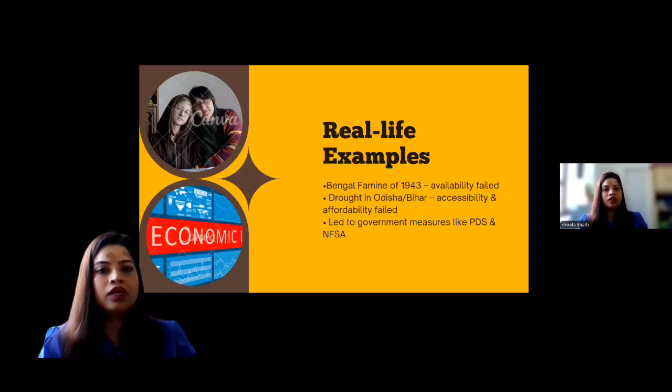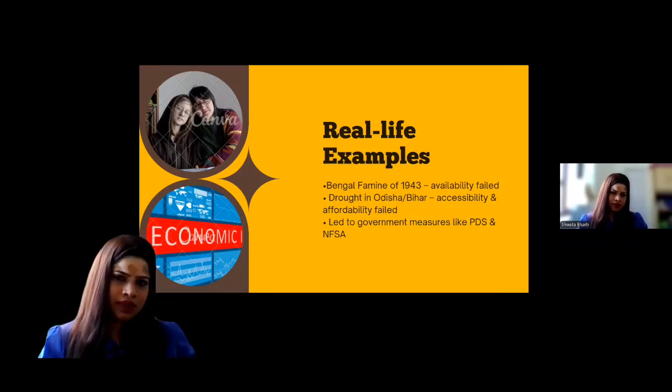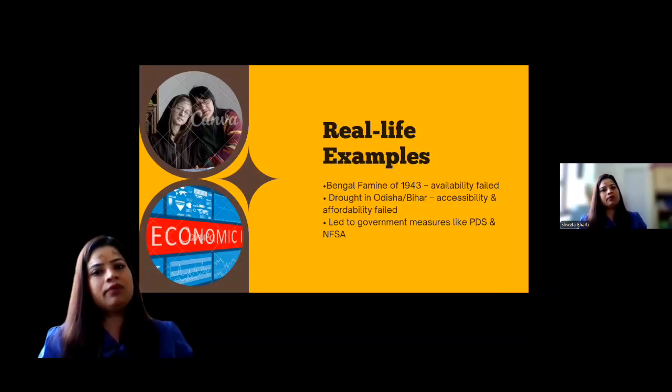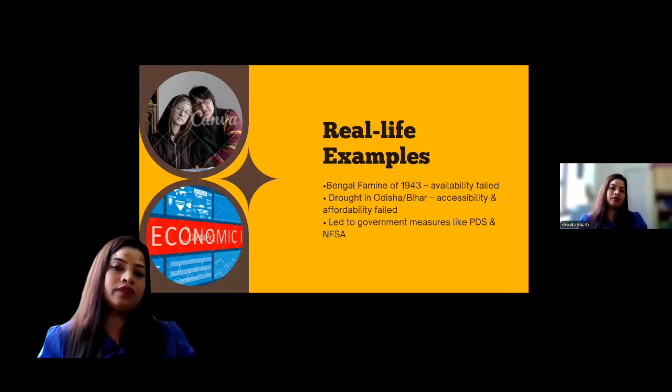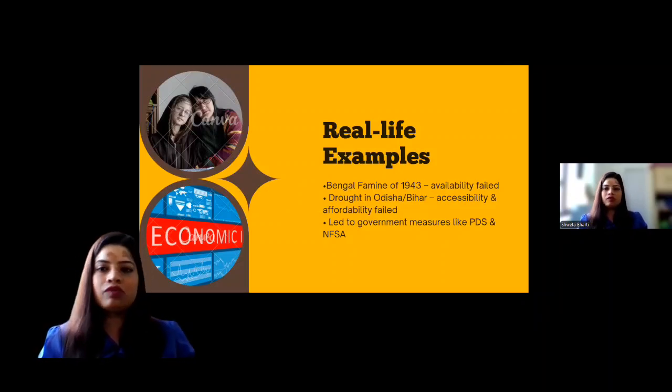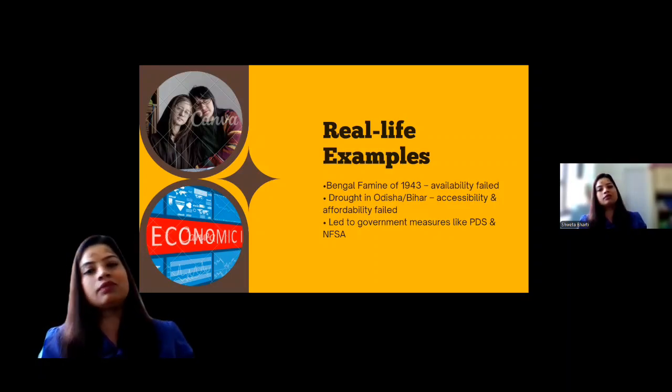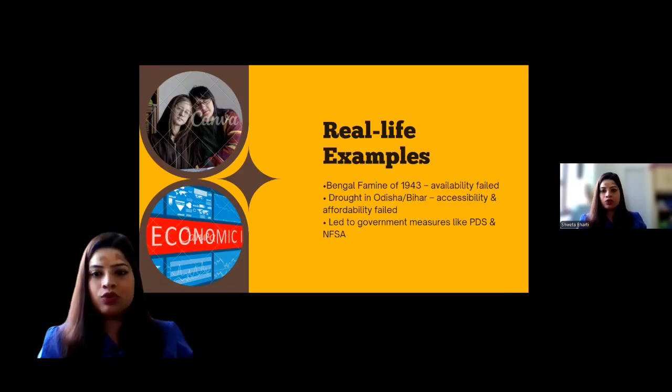People are starving. There are also some older examples given here, like the Bengal famine of 1943, where food was not available to everyone. Then we talk about the drought of Bihar and Odisha, where accessibility and affordability failed due to the conditions.